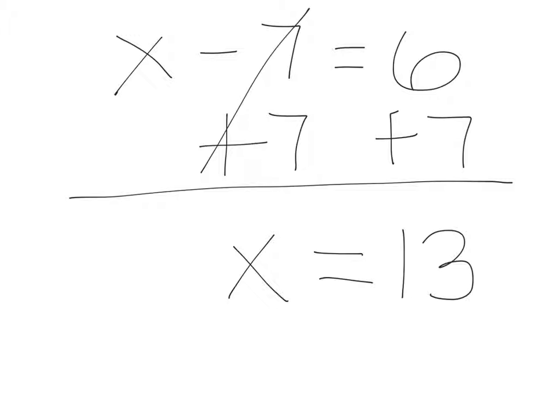That means we need to try 13 minus 7 equals 6. I got my 13 right here from what we solved for x, substituting 13 for x in the original equation.